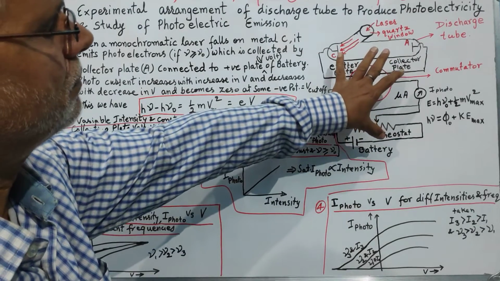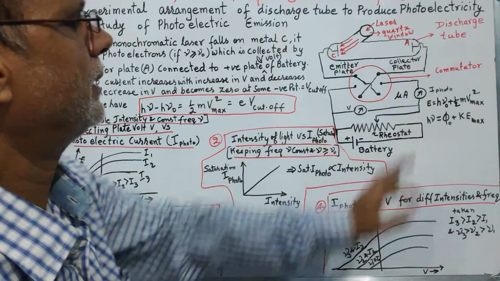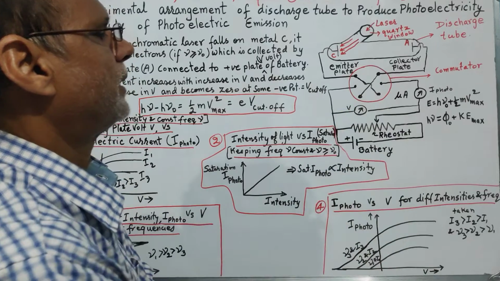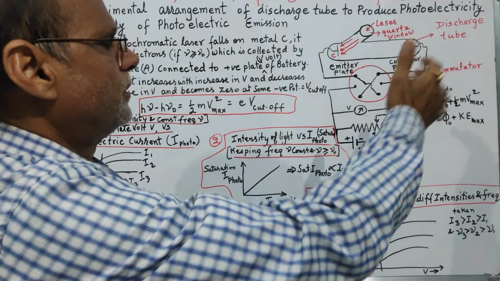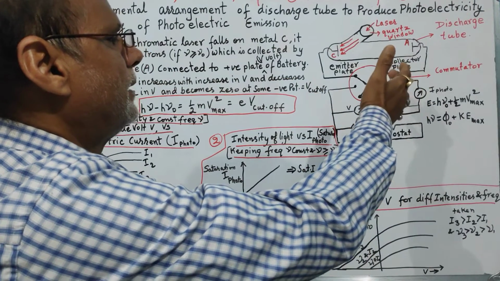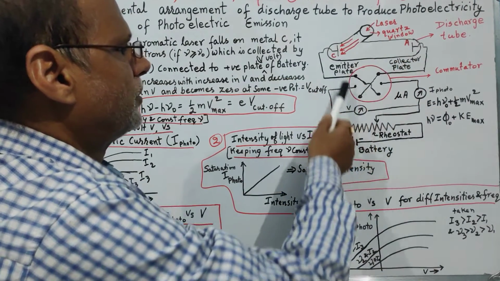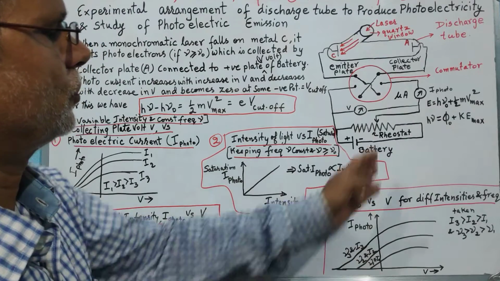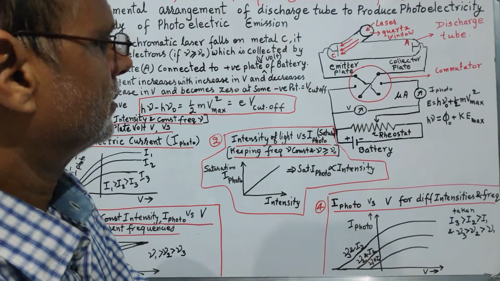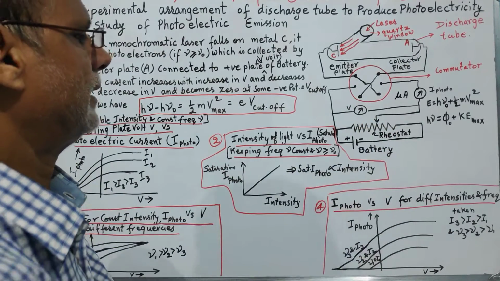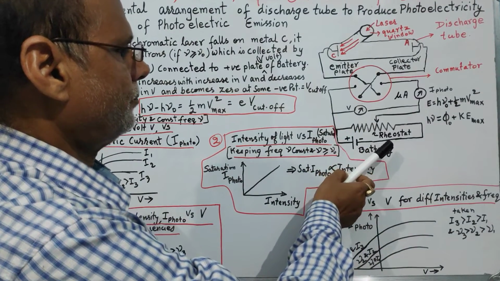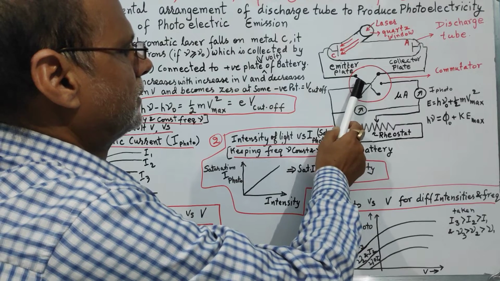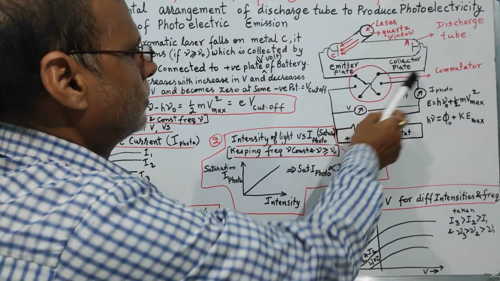Now if we vary the potential of the collector plate, and instead of keeping it positive, we start giving it negative potential, gradually decreasing from positive to zero potential and then finally making it negative, by use of this commutator we can reverse the direction of potential applied, or we can slide it on the rheostat to vary the potential. So here you see we can vary the polarity of the collecting plate by changing the plug of the commutator.